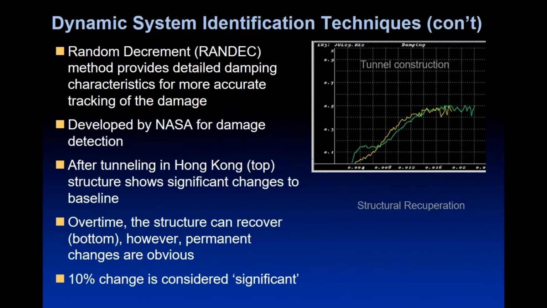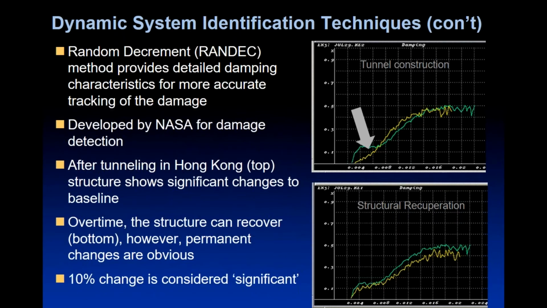So we use the random decrement signature, which grew out of the NASA Space Shuttle experiments early on. We have a three-part characteristic. We have low amplitude, increasing amplitude, and high amplitude. That is the norm for a building, a structure in good condition.